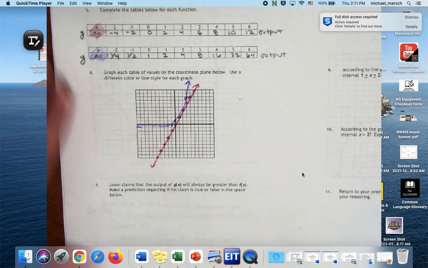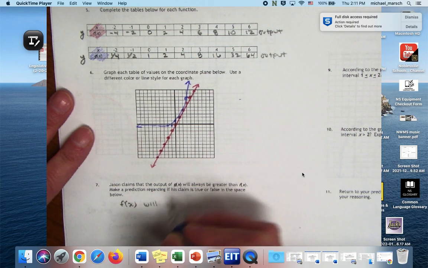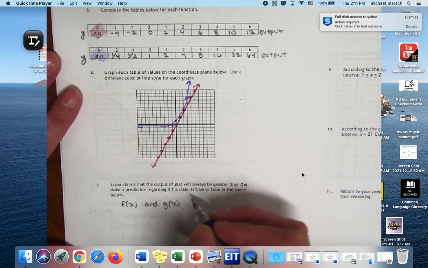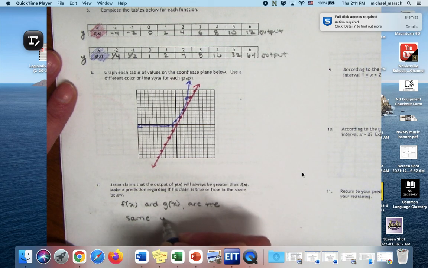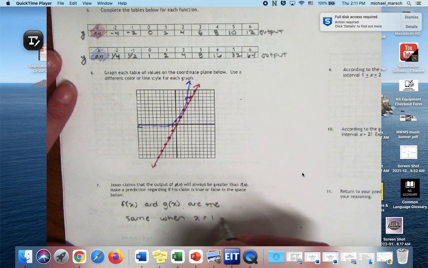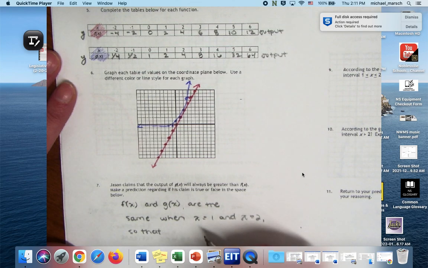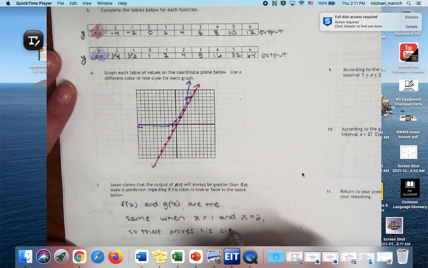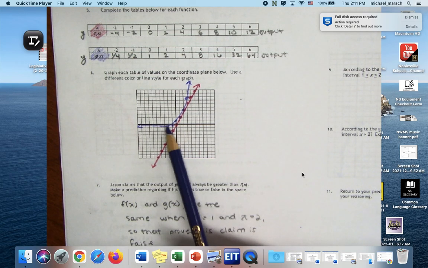Okay, let's just write down our thoughts here. I just noticed that I made these negative, and they're not supposed to be negative.